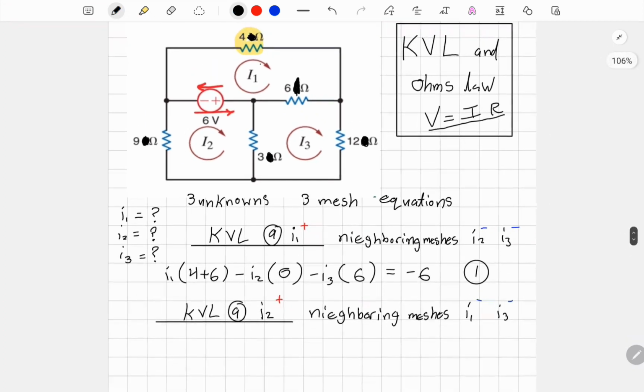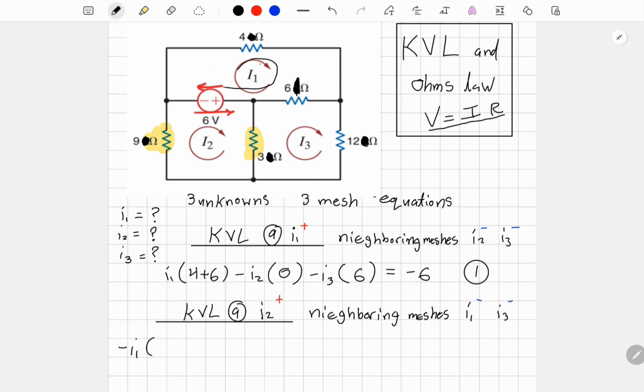So now I'm going to be looking at all the resistors in that mesh. So 3 and 9 ohms. I'm going to start off with I1, and I1 is negative, so minus I1, multiplied by any resistors connected to I1 and I2?